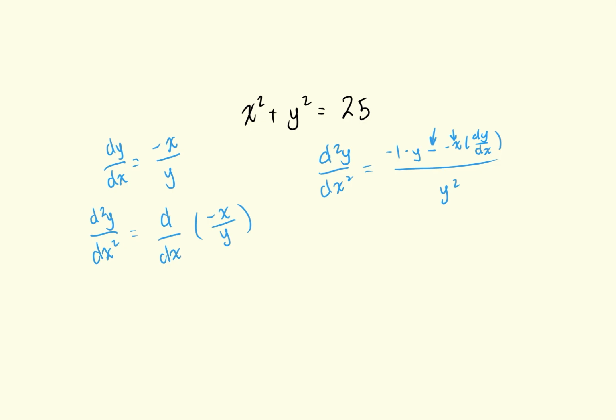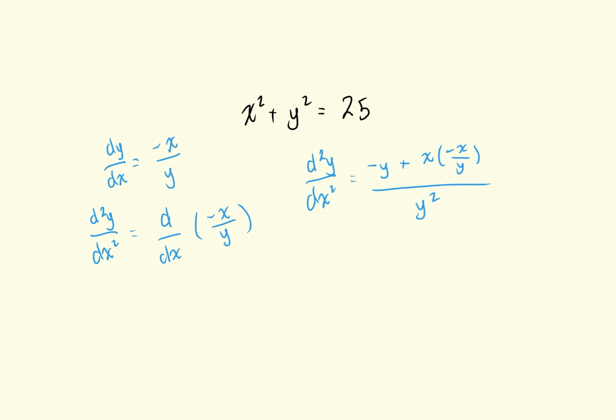Since we are subtracting here and x is negative, we can cancel them out to make it a positive. Now, since we know that dy by dx is equal to negative x over y, we can substitute it right here. So we get d squared y over dx squared equals negative 1 times y, which is negative y, plus x times negative x over y, over y squared.